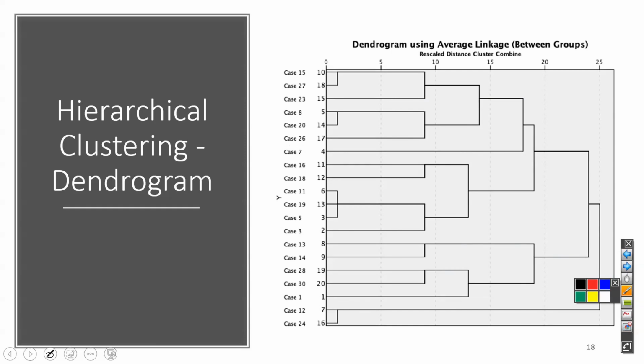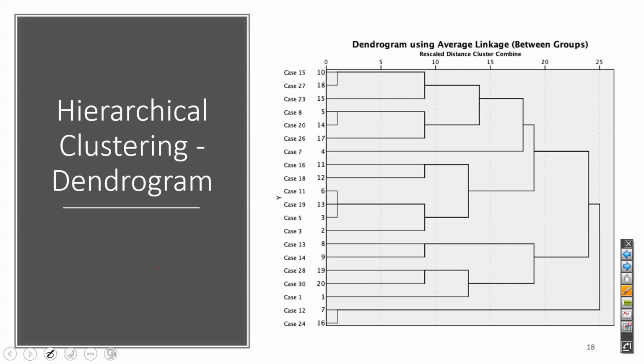Initially, I have 20 data points, so I put 20 individual observations into their own groups. Then those 2 or 3 that are very close to each other, when I move to the right-hand side, will be put into the same group first. As I keep moving to the right, you will see that every single individual ends up under the same subtree. That means I have combined everyone into one group.